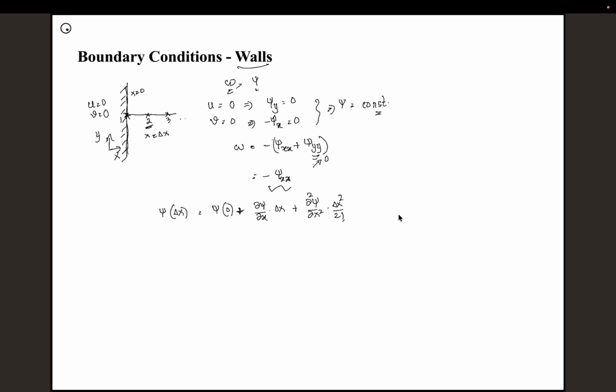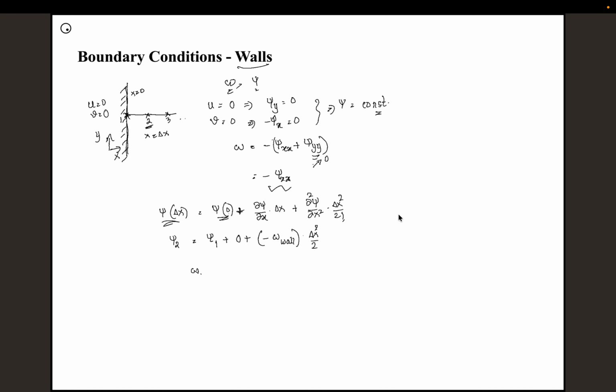So you can use the Taylor expansion where this is basically my psi 2, psi at 0 is psi 1, del psi del x is by definition equal to minus v, which is 0 in this particular case because it is a wall condition. We have this as 0, and del square psi del x square is minus omega, evaluated at x equals 0. So this is omega wall times delta x square by 2.